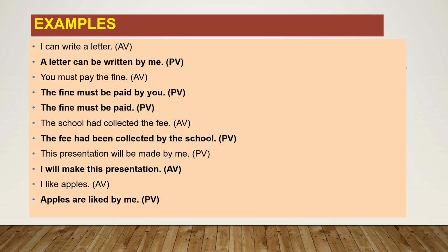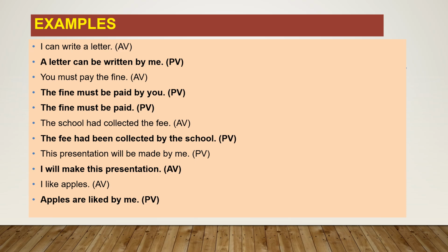Here you have, I can write a letter. Can write is the modal usage, can, and then main verb write. Now the write form is the basic infinitive, the bare infinitive, the root form without to.